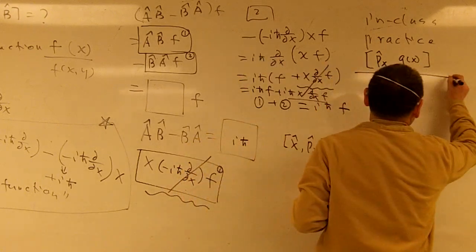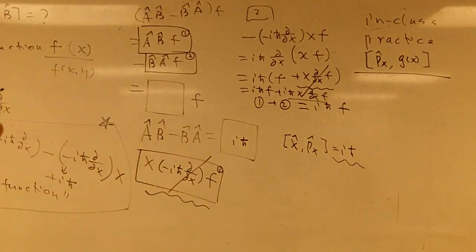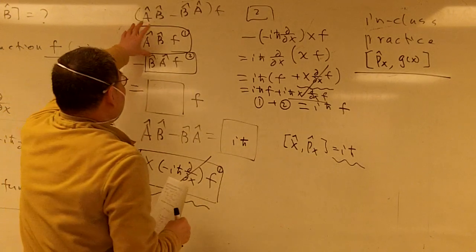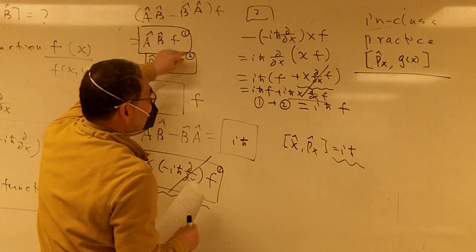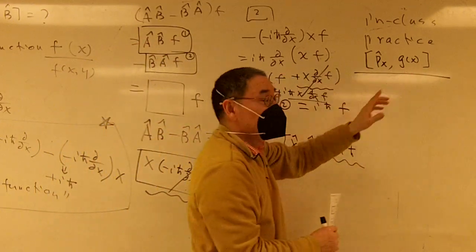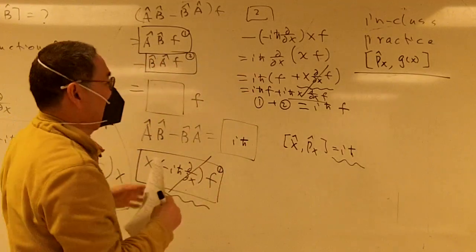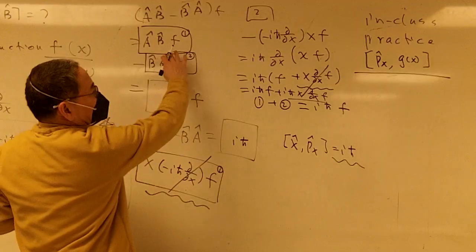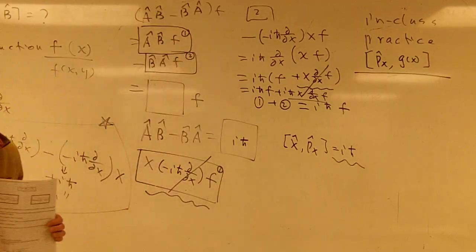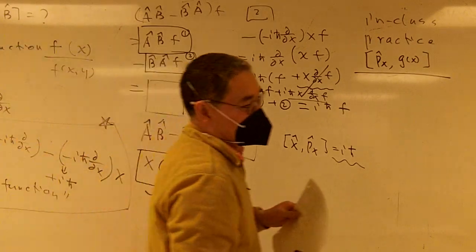Folks, I give you 5 minutes to calculate how large this one is. You're going to follow exactly what I just showed you. You write in this particular format, A and B. This time A is p x, B is g. And then you do AB and BA, exactly the same. You need to assume a function, of course, this time also f. And again, let me give you 5 minutes to do the calculation.